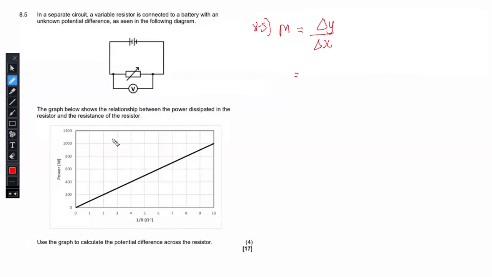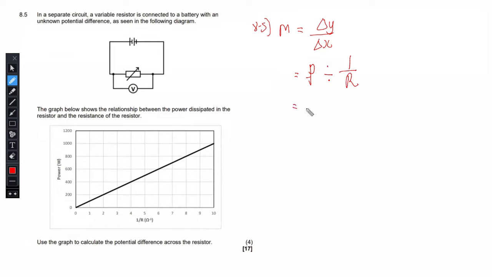Now our change in y values will represent the power, and our change in x values represent 1 over r, right? So allow me to just write it like this because we already understand that over is the same as divide. So that's P divided by 1 over r, because we are given the inverse of the resistance.